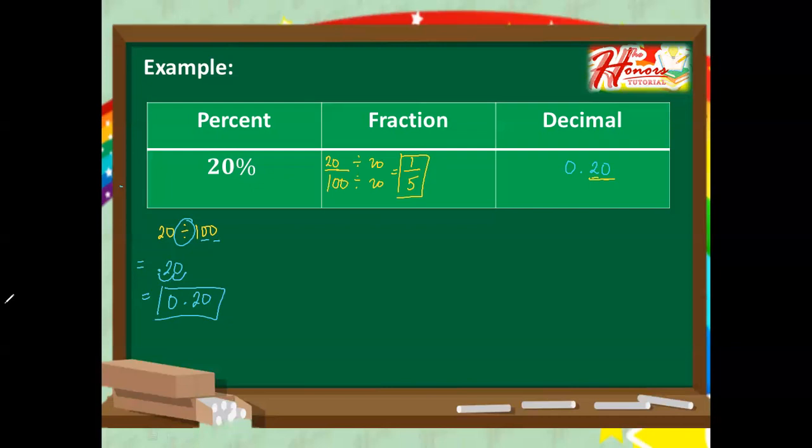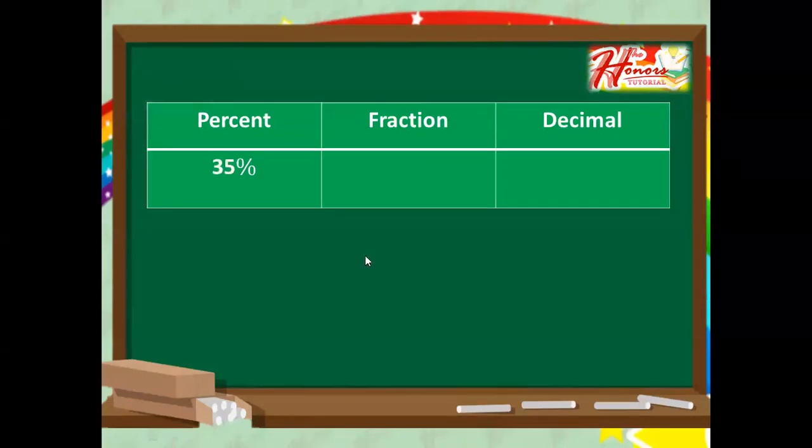Okay, let's have another example. So we have here 35%. Same process. Let's have the decimal part first. Let's divide 35 by 100.